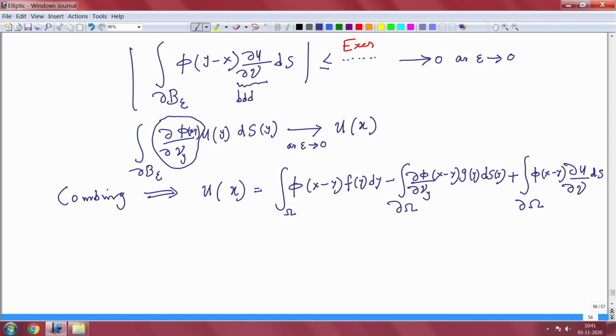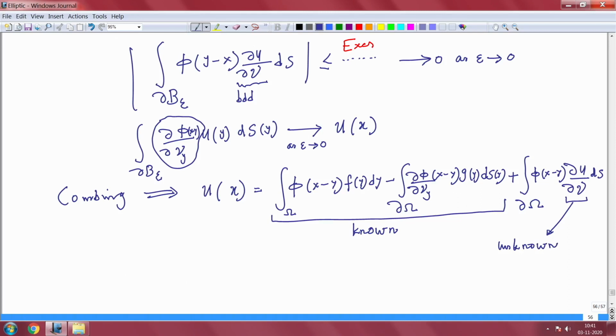Now, look at these terms. So, you have a representation, but is this representation good enough? Phi is known, f is known, g is known, so you can represent the solution in terms of these known quantities. On the other hand, look at this last term: it is unknown, and not only is it unknown, it is the normal derivative of u on the boundary.